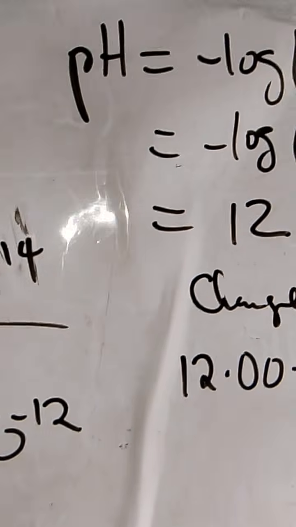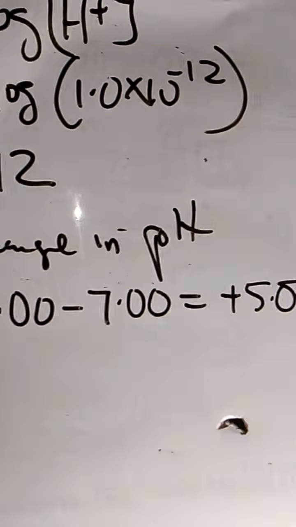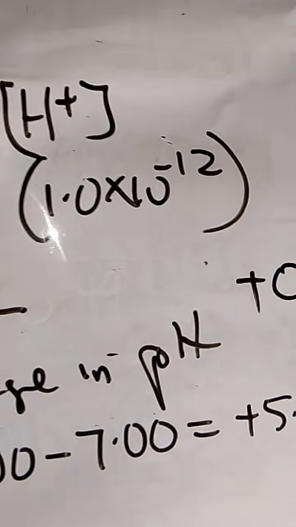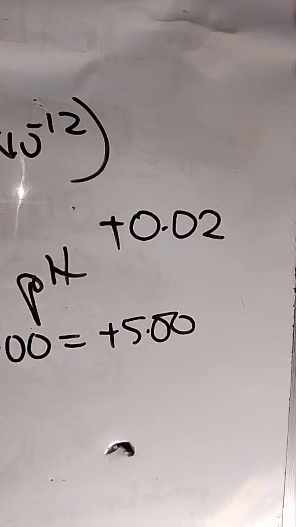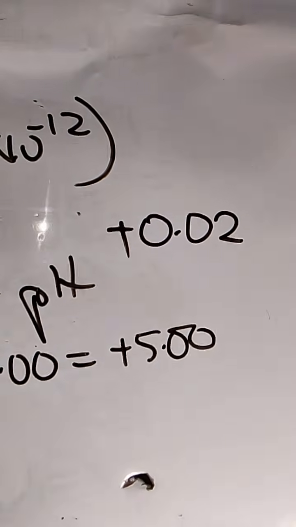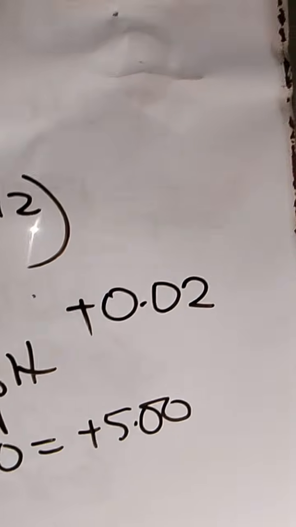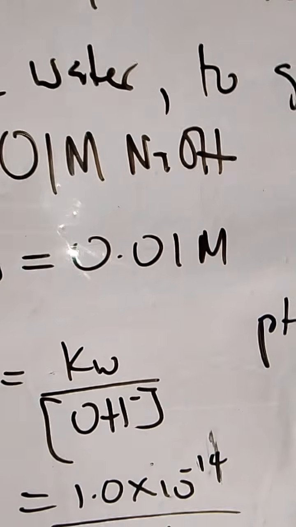Now you can compare. When the same concentration was added to a buffer, the change was only positive 0.02 pH units. But when added to pure water, you can see the difference. So you have seen that a buffer greatly resists the change in pH.